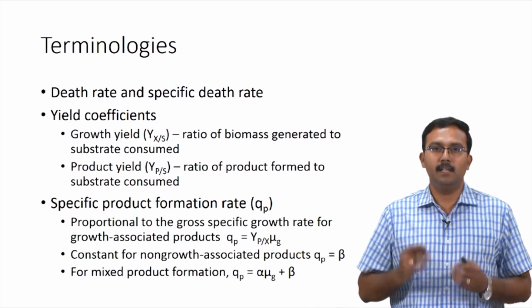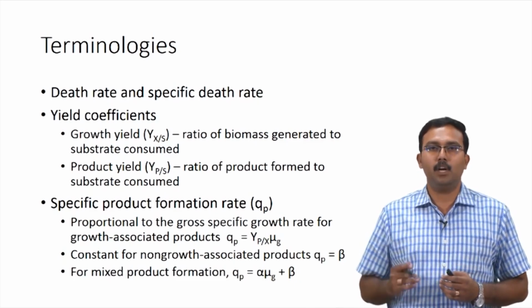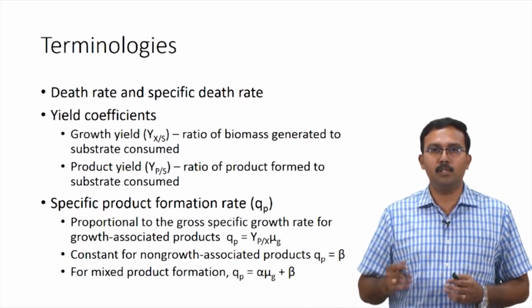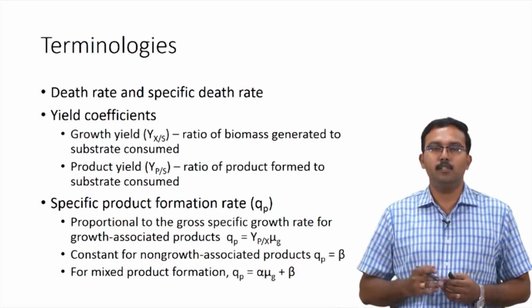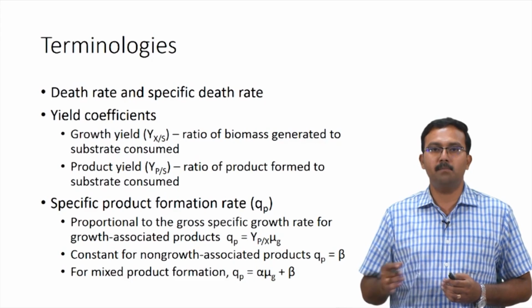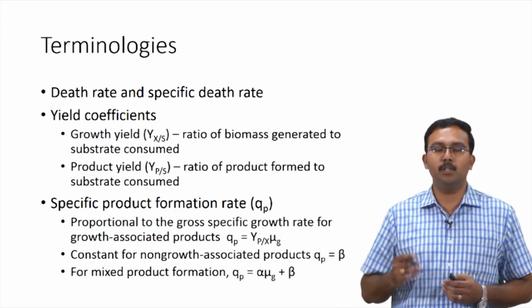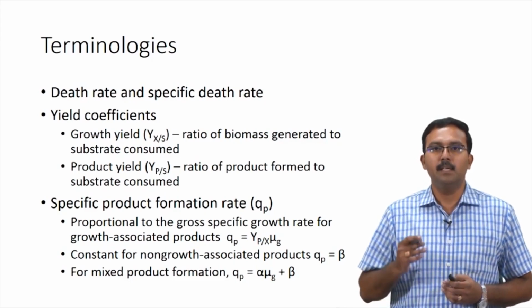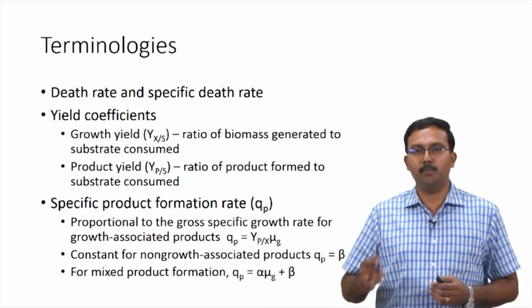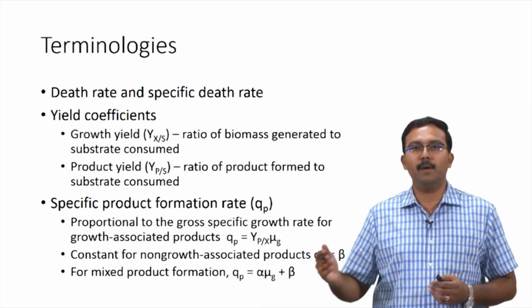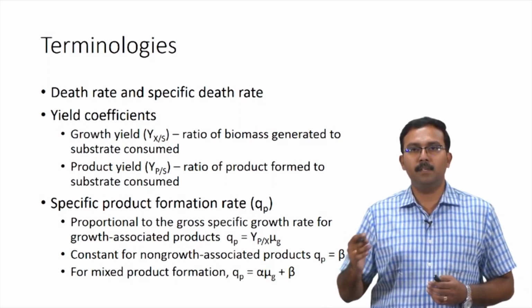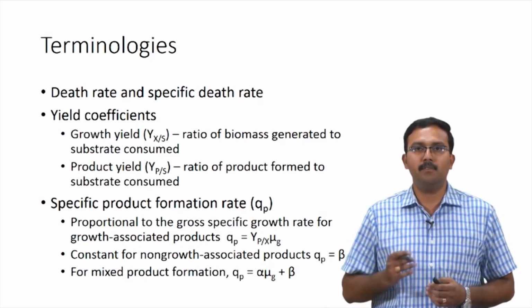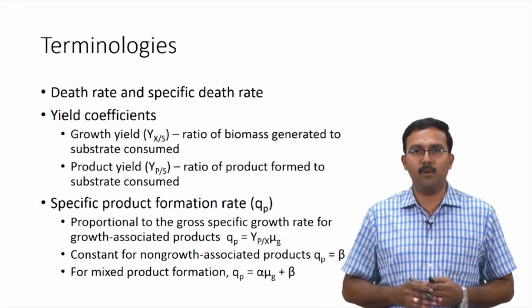This is directly proportional to the gross specific growth rate for growth associated products. So, this is usually represented as Qp, and this Qp is equal to Ypx times mu g for growth associated product formation. Ypx is the yield of product per unit biomass which is produced. A constant value of specific product formation rate will be observed for non growth associated product formation.